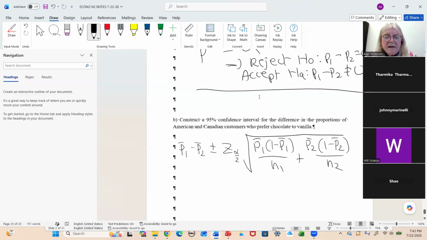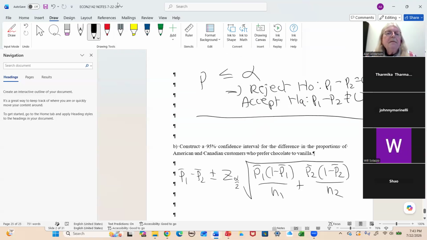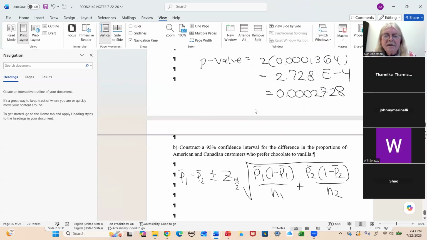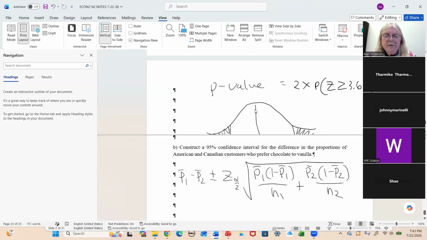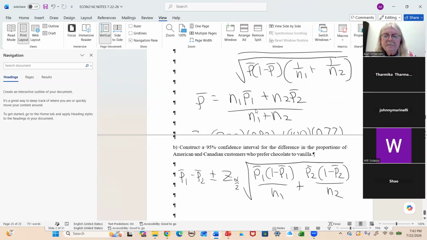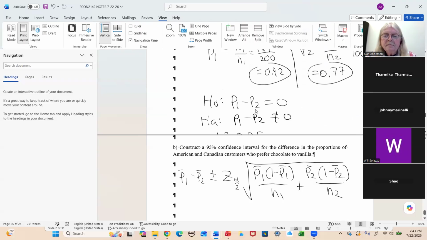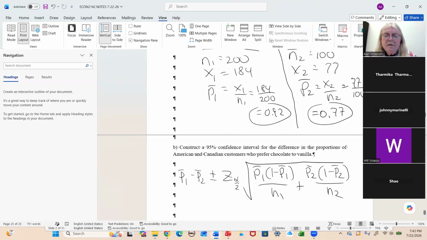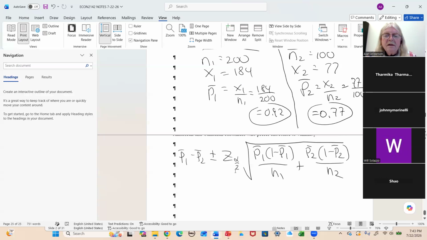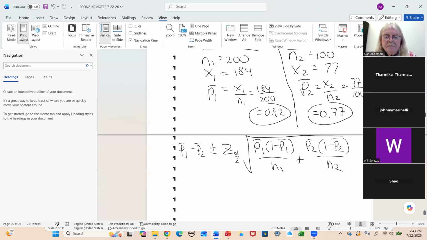And so we'll just go back and revisit now. I'm going to use a little clever trick here. I'm going to split the screen so I can scroll back here and quickly review the data. There we go. So the two of them were 0.92 minus 0.77.